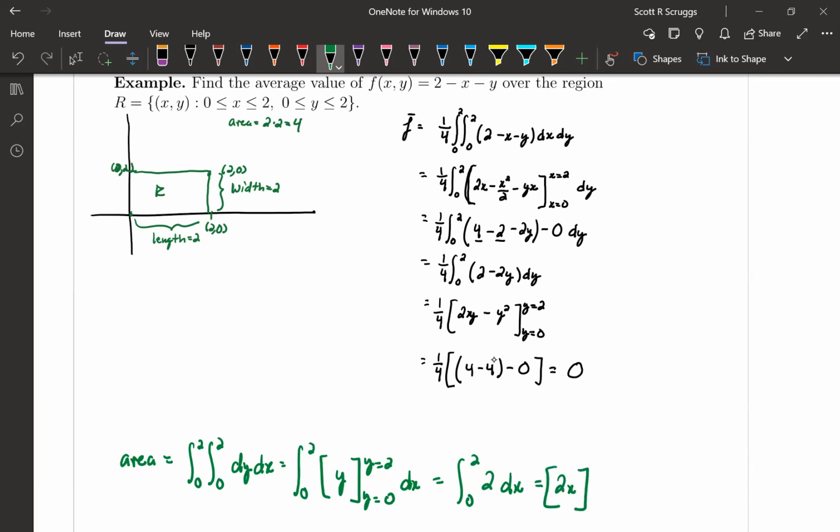If I were to take the antiderivative, going from 0 to 2, if I plug in 2, I get 4, minus if I plug in 0, I get 0. So if I were to use my area of a region equation on this example from 16.1, I will still get the exact same result, which was that the area of the region is 4.